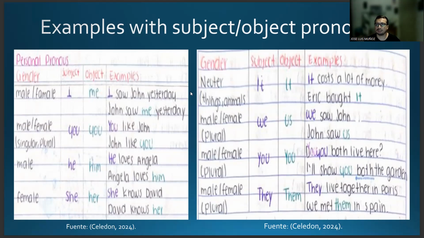John saw us." You use it as a subject and then change it to object. And finally, you have "they" in subject, which changes to object "them". The example: "They live together in Paris. We met them in Spain."